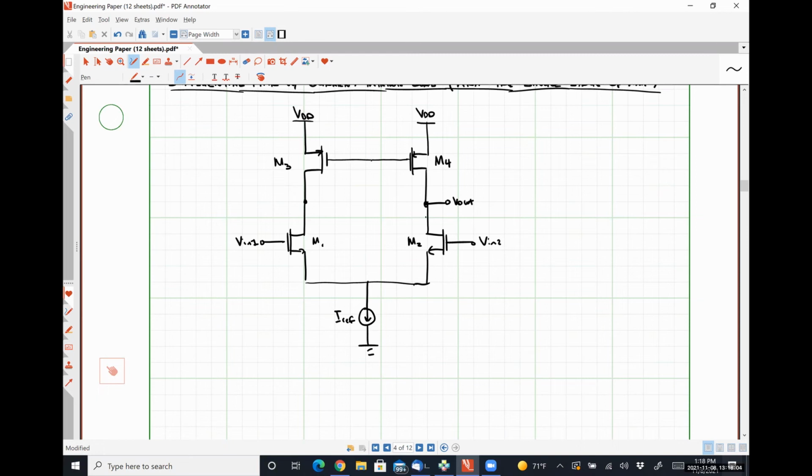But instead of applying a fixed bias voltage, we tie the gate and drain of M3 together, which means our bias voltage occurs through that feedback loop, exactly like what happens with a current mirror, because this is exactly an NMOS differential pair being loaded with a PMOS current mirror.